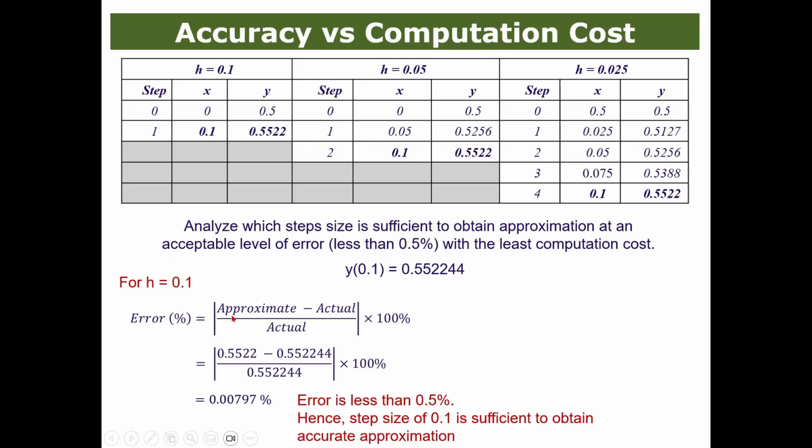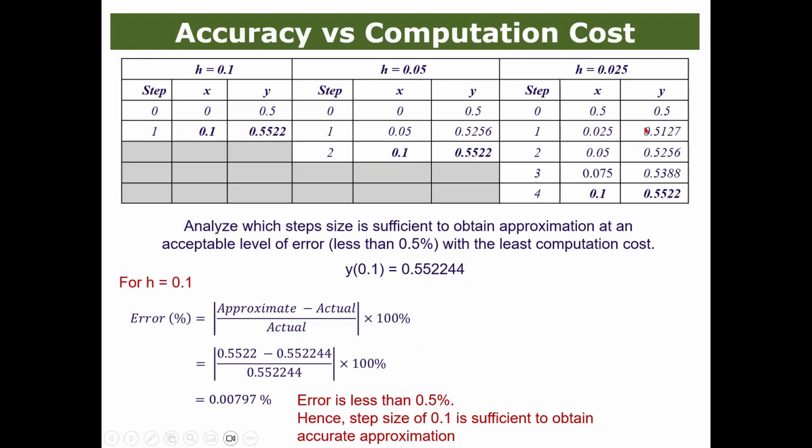The formula of error is approximate value minus actual value, over actual value, times 100. Just substitute the values here, given the actual value is 0.552244 and the approximate value. Just look at the last row here, which is the final answer.